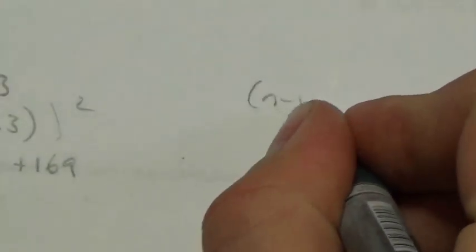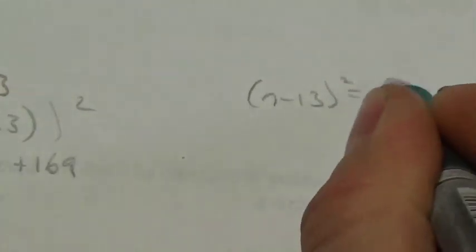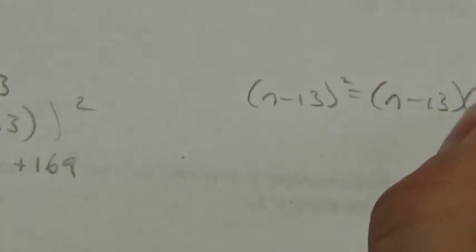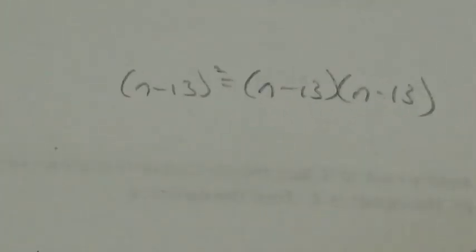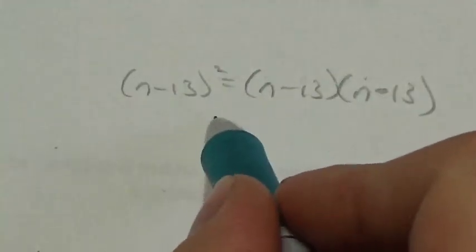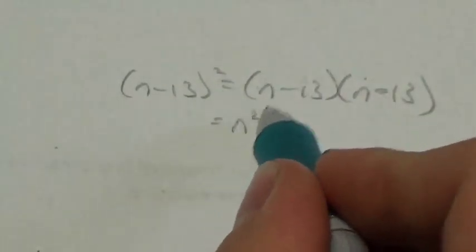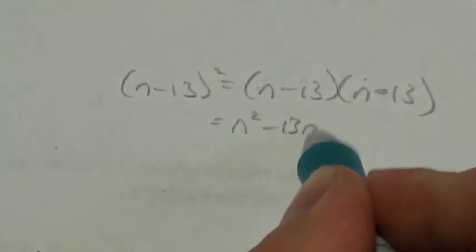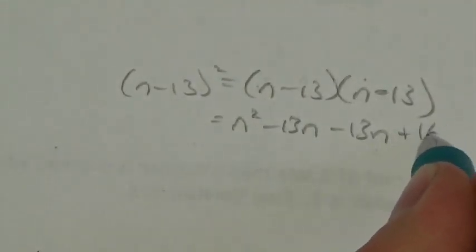So n minus 13 squared, bear in mind that means n minus 13 times n minus 13. When you multiply binomials together, you have to distribute. So it's going to be n times n squared, n times negative 13, and then negative 13 times n, and negative 13 times negative 13.